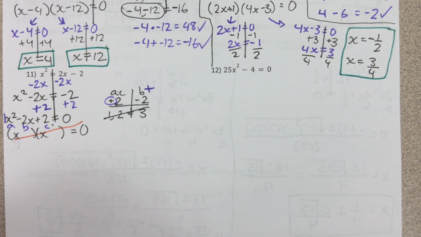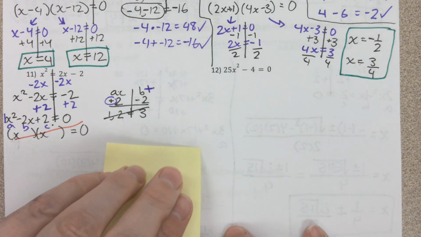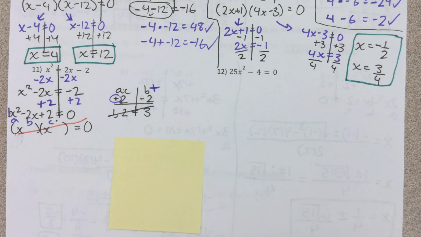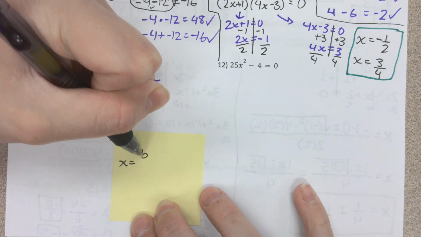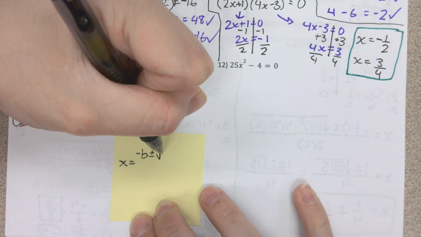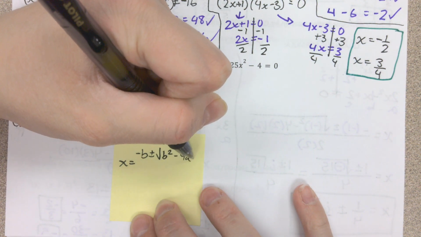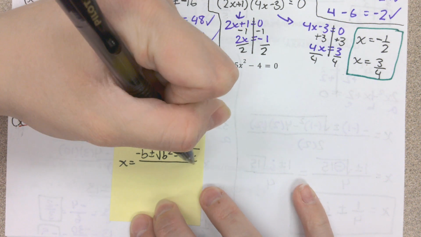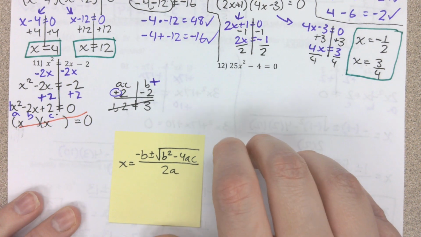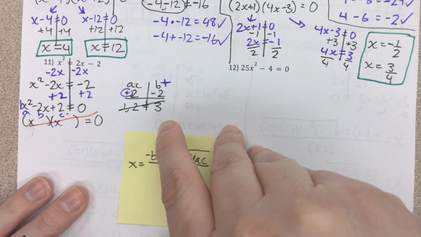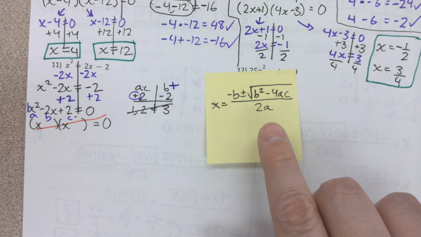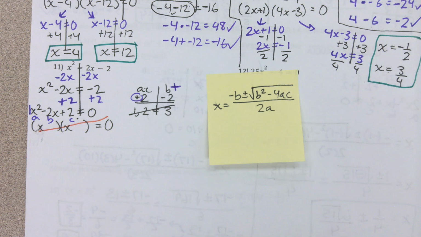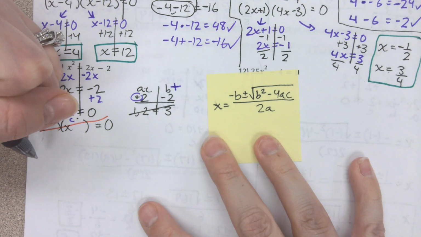I'll take a moment and write out the formula so that it's next to me as I go. X equals negative b plus or minus square root b squared minus 4ac all over 2a. Put this over here. Okay. So let's plug this in and solve.